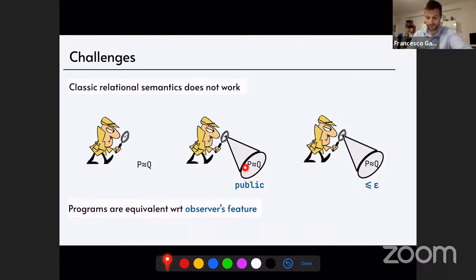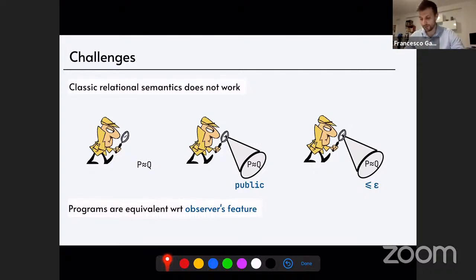So for instance, we may have programs that are equivalent for an observer who only has public permission. But it may not be so if now the observer has private permission, right? She has now more means essentially to test, to inspect programs, and therefore she may be able to discriminate them.